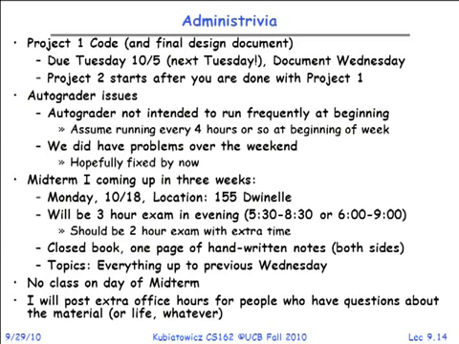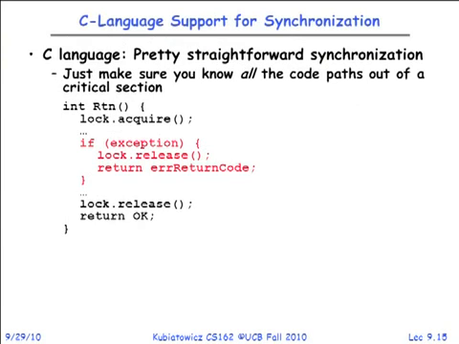So before we take a break, I just want to mention a little bit of synchronization support that's in regular languages that you might encounter. So in C, pretty much what has to happen is people have to build synchronization in libraries or whatever, and so you might actually do something like lock.acquire.